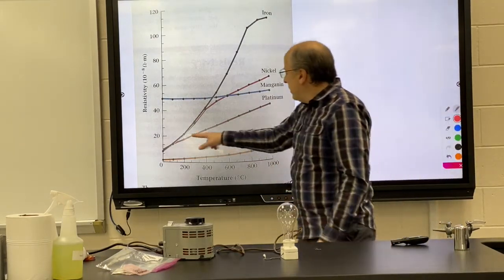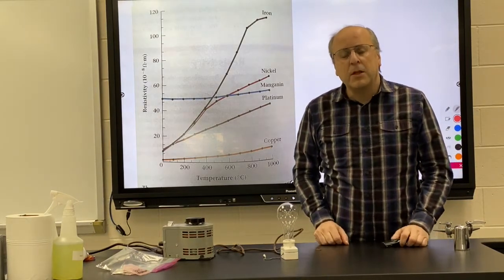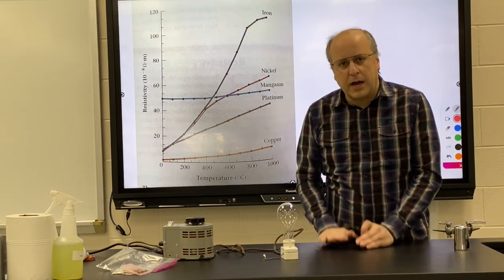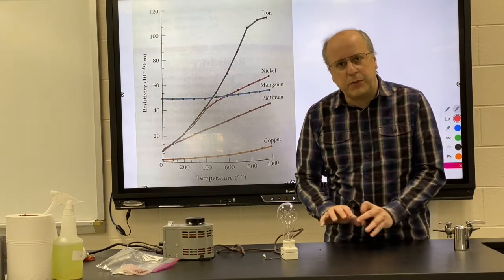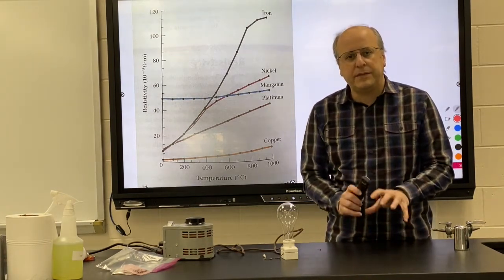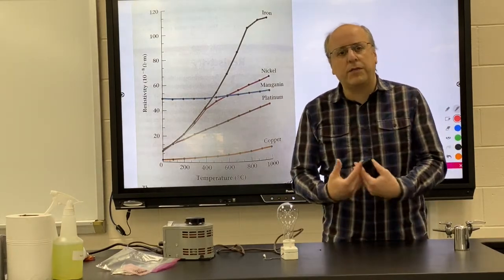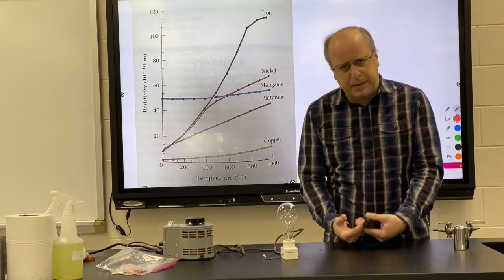For nickel, it looks like it's linear, but it changes slope at a certain point. So the bottom line is, it's a complicated relationship between temperature and resistance. Every material behaves differently. Some materials change how they behave over certain thresholds of temperature.